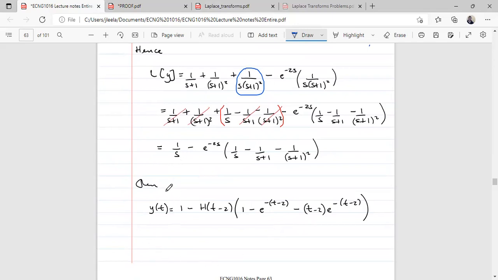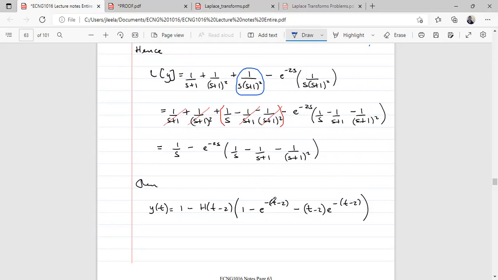And then the Laplace inverse of 1 over s is 1. And the Laplace inverse of all this here, because your t naught is 2, is the Heaviside at t minus 2. And we know that this is 1.